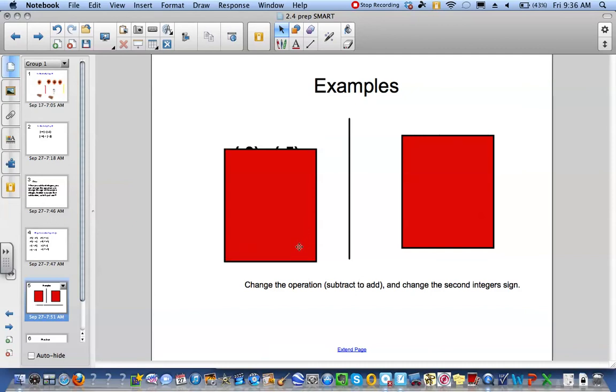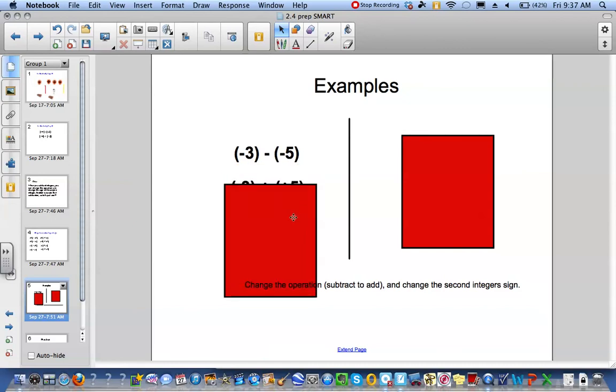So an example of that would be negative 3 minus negative 5. Subtracting a negative from a negative is difficult. It's a lot harder to do than adding a negative. If it was negative 3 plus negative 5, it would be negative 8. 3 and 5 is 8, both negative. But because you're subtracting a negative, you're taking away negatives, which is a positive.